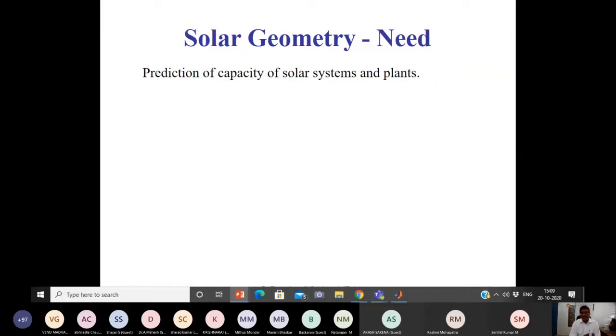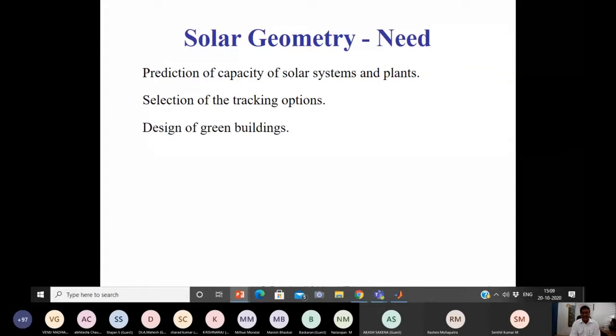This solar radiation information we can collect from past data as well as from the estimation of solar geometry. So as per today's topic, this solar geometry is essential, and there is a great link between the geometry and the tracking options like active tracking and passive tracking systems. And green building also, for example, there is a shadow analysis.